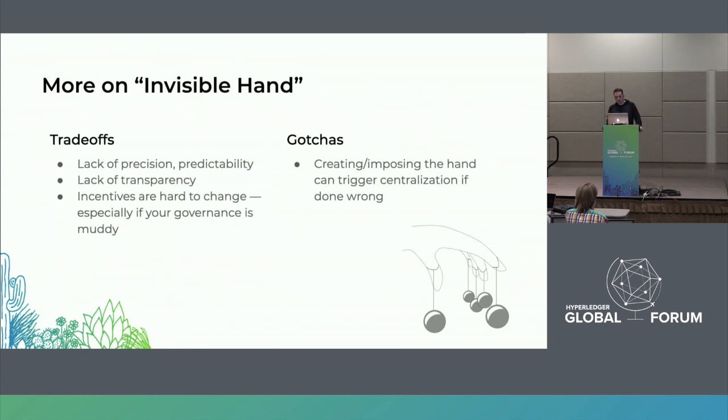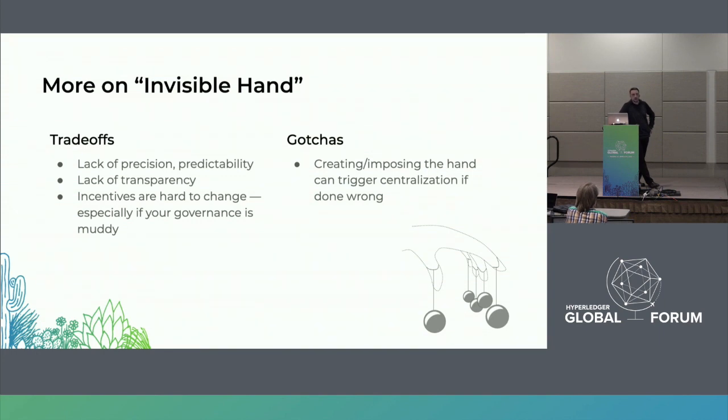A little bit more about the invisible hand pattern. You're making some trade-offs when you use this pattern. Because the hand is invisible, you are sometimes giving up some transparency. And along with that, there's a lack of precision and predictability. Theoretically, let's suppose that I had the power to circulate a rumor that the latest version of the Bitcoin mining software actually was doing some kind of an exploit and was unreliable.